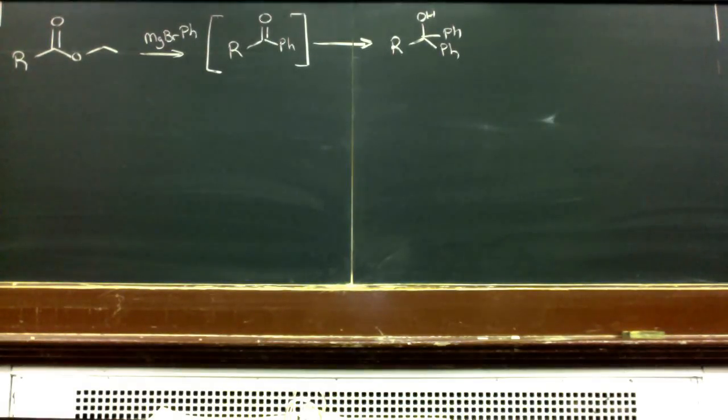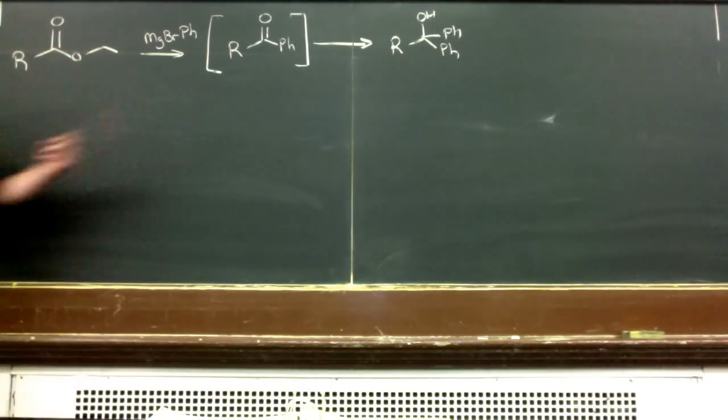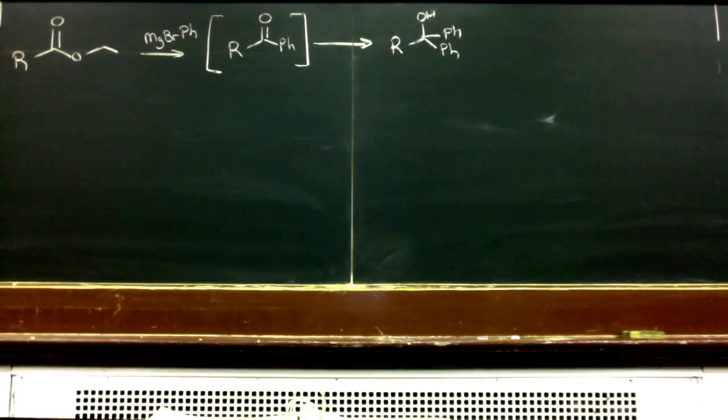So if we wanted to make this compound here, and we started from this compound here, knowing the chemistry that we know, how might we go about this?